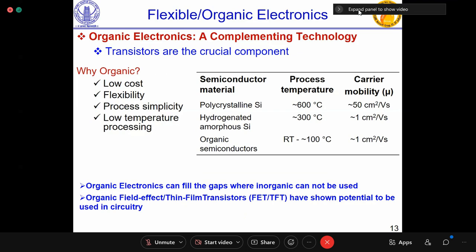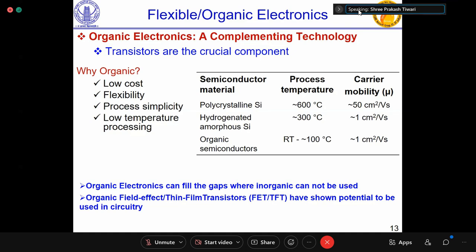As I said, organic electronics is a complementing technology, and it has advantages like low cost, flexibility, process simplicity, and low-temperature processing. But one can always ask, can we not compare? You are just getting the advantage of flexibility, but silicon could also be flexible if you have amorphous silicon or something close to that. You don't need crystalline silicon. For crystalline silicon, the mobility numbers are in the hundreds.